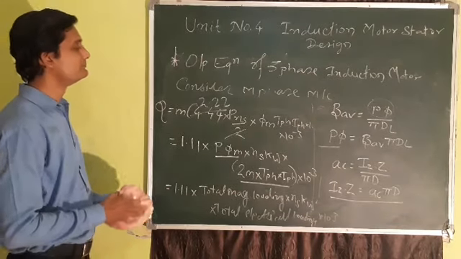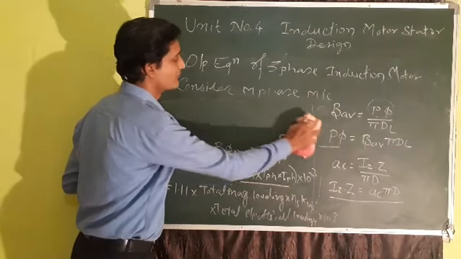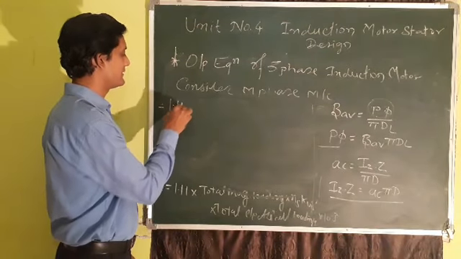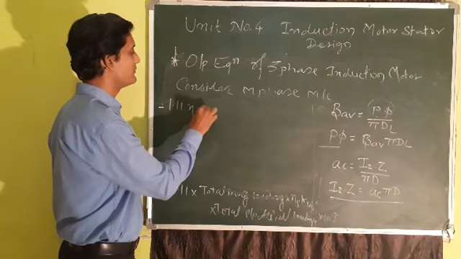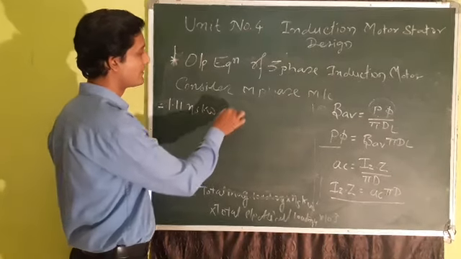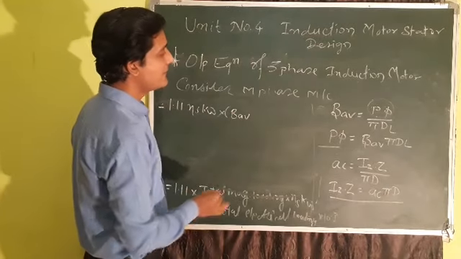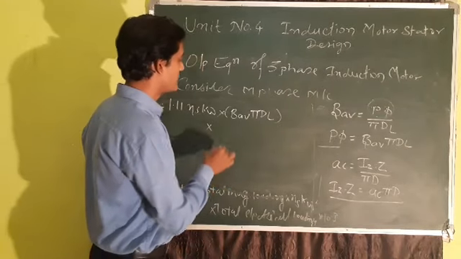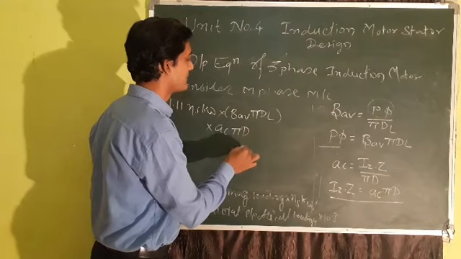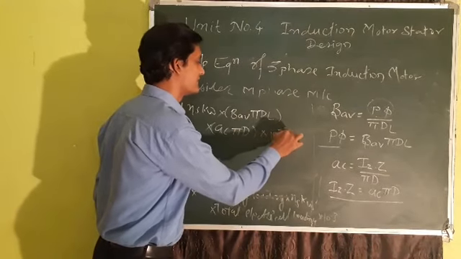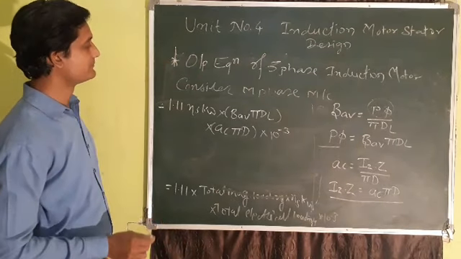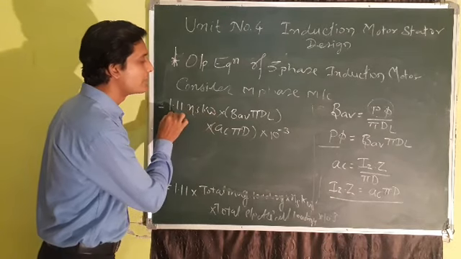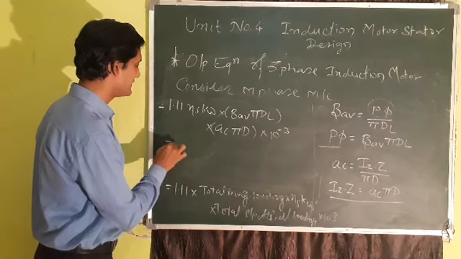Now substitute the values of total electrical loading and total magnetic loading in this formula. Then we will get 1.11 into Ns into Kw into Bav pi d L into ac pi d into 10 raised to power minus 3. Now we multiply this 1.11 with pi squared, which gives near about 11.